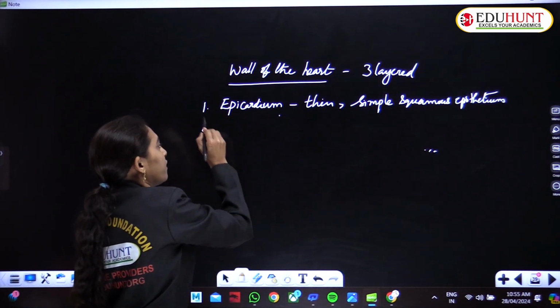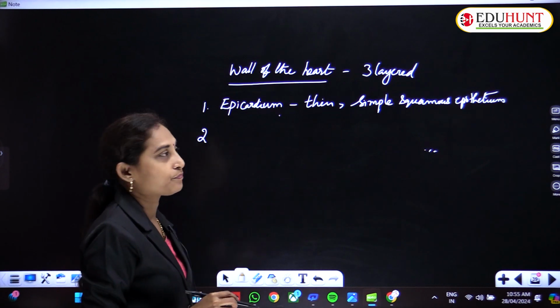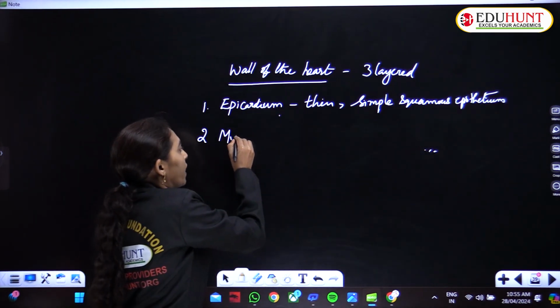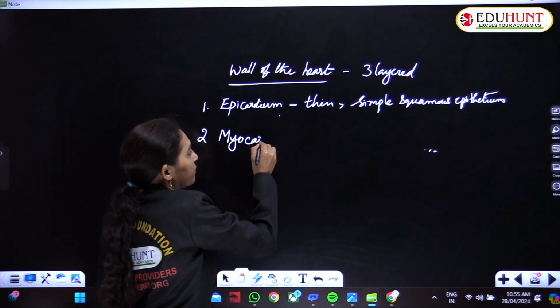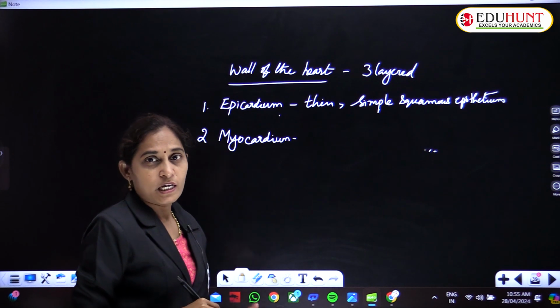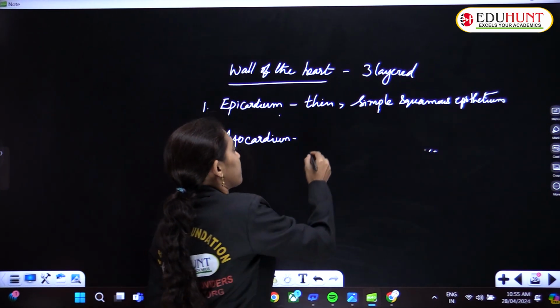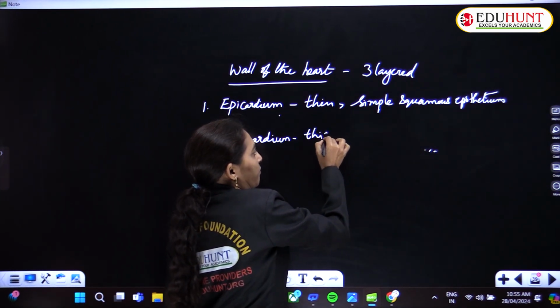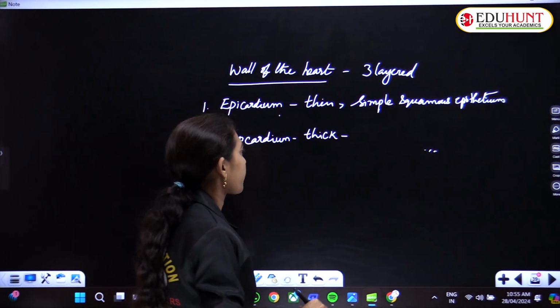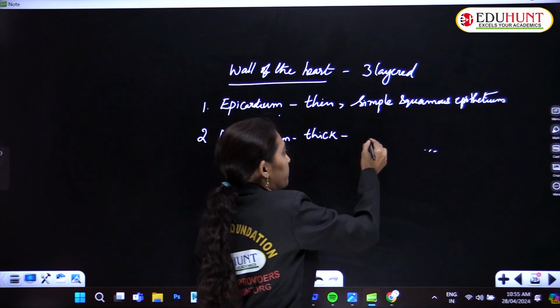And the second one is the myocardium. The myocardium is the thickest. It is thick, and it possesses cardiac muscles.